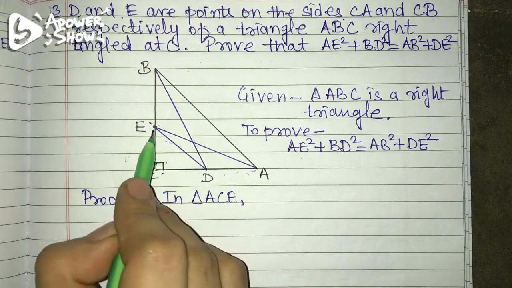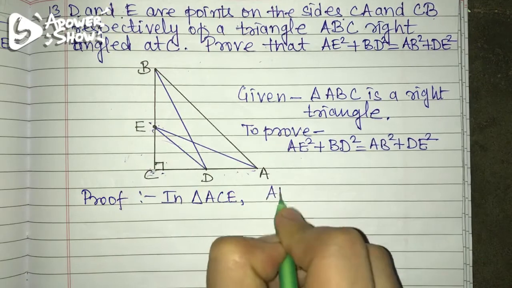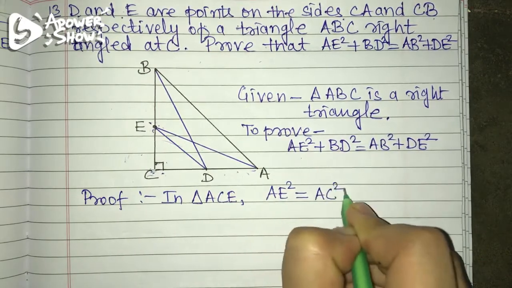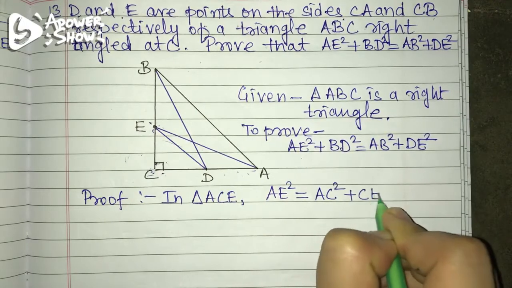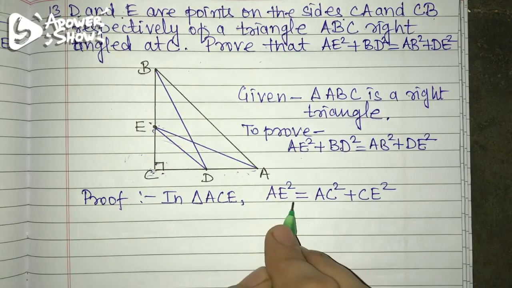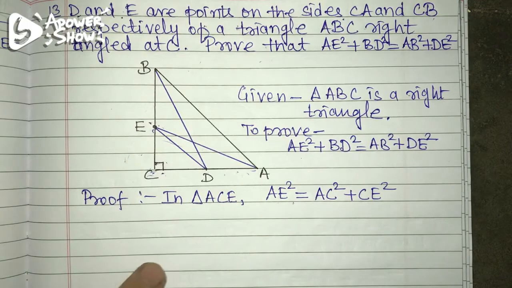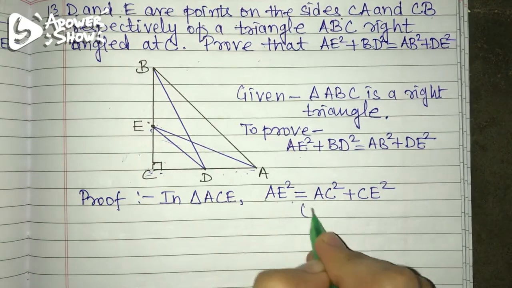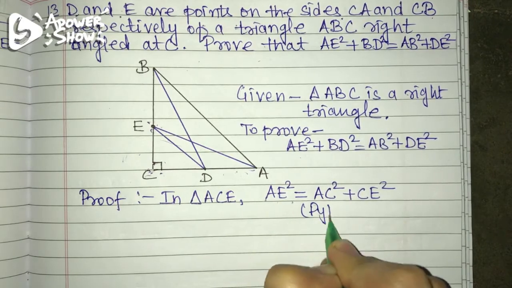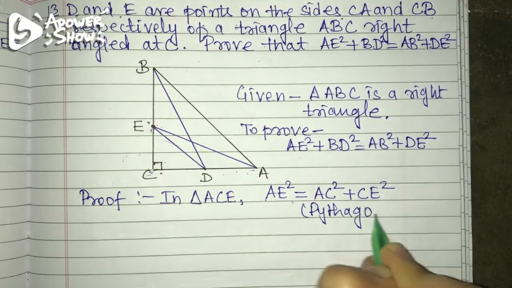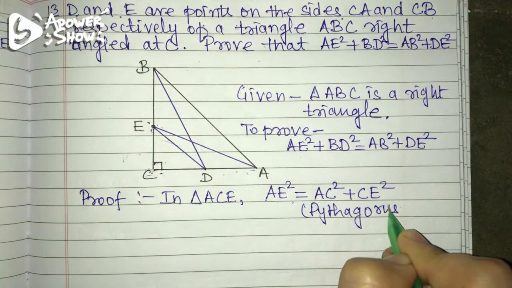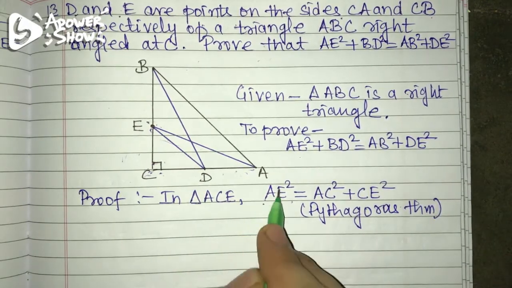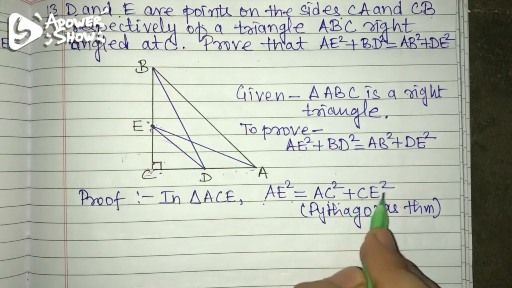So we have AE square equals to AC square plus CE square, which we get by using Pythagoras theorem. So I have applied Pythagoras theorem in triangle ACE.